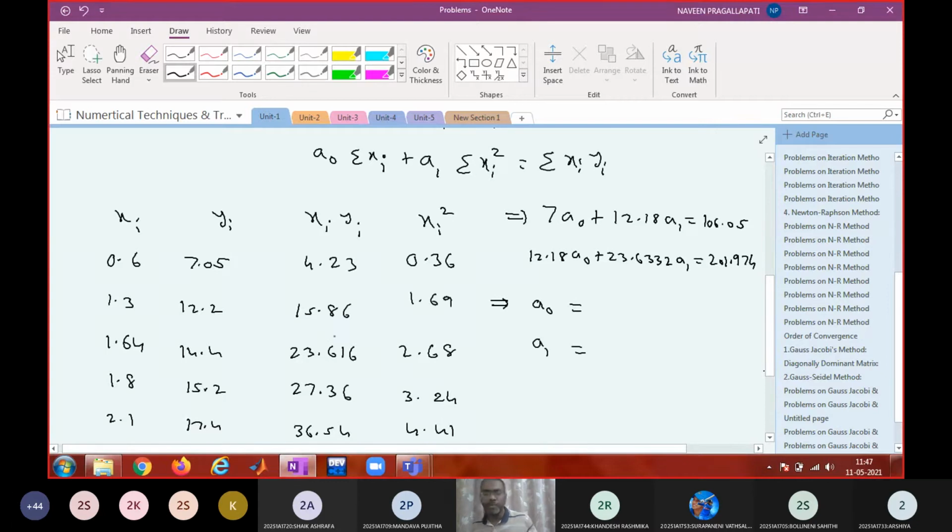I think when you press the mode button you will have the option called equation. Am I right? Yes.